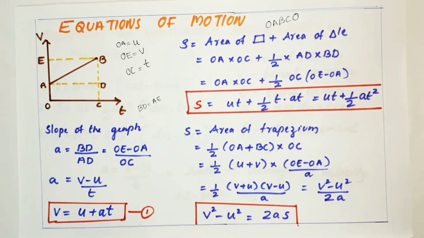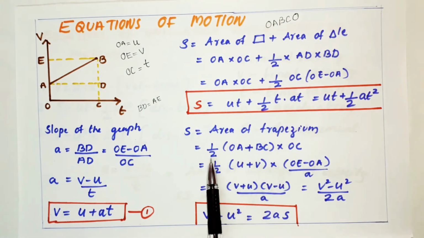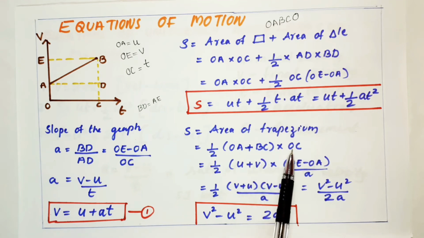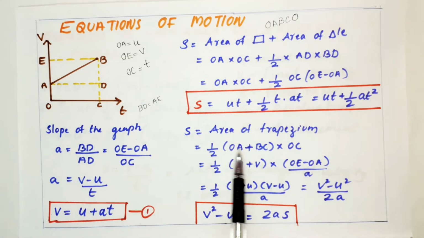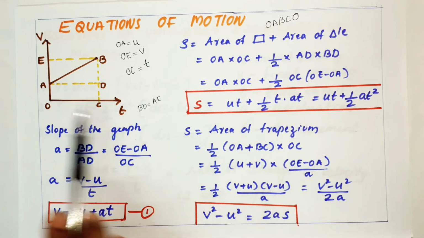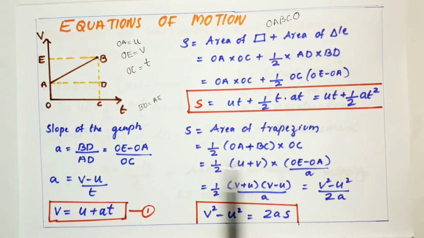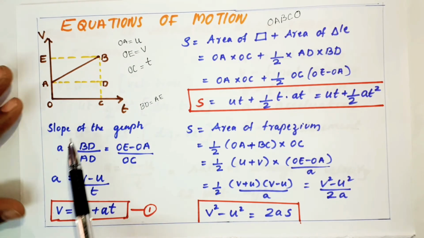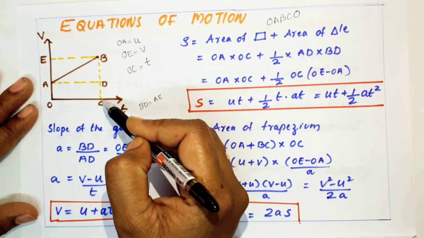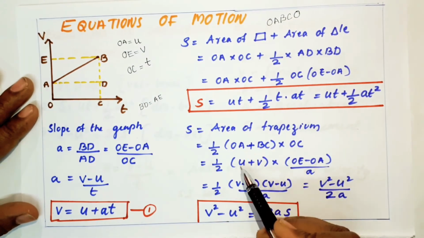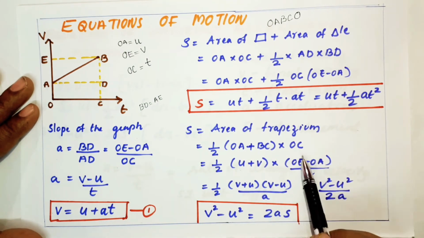Next, the third one, you have to calculate the area of the trapezium. Trapezium area is half into sum of parallel sides into height. The parallel sides are OA and BC, and the height is OC. OA is u, and BC is nothing but OE, which is v.